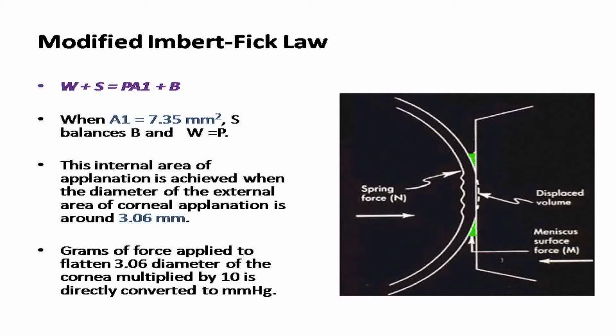Modified Imbert-Fick law: when area A1 is 7.35 mm squared, surface tension S balances the force required to bend the cornea, B. This internal area of applanation is achieved when the diameter of the external area of corneal applanation is around 3.06 mm. Grams of force applied to flatten a 3.06 mm diameter of the cornea, multiplied by 10, is directly converted to millimeters of mercury.